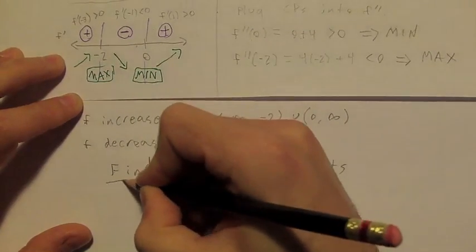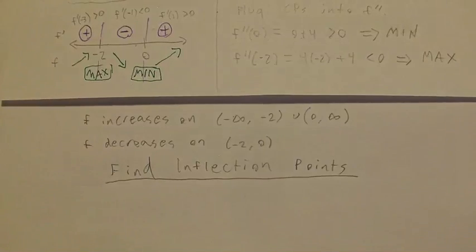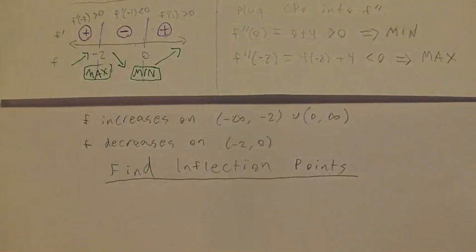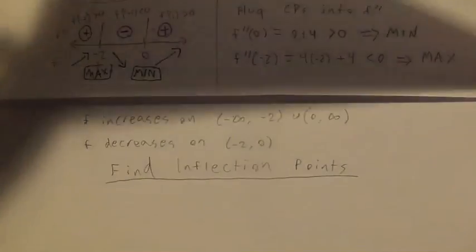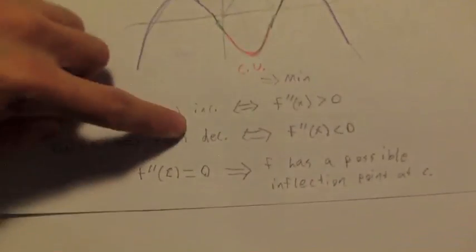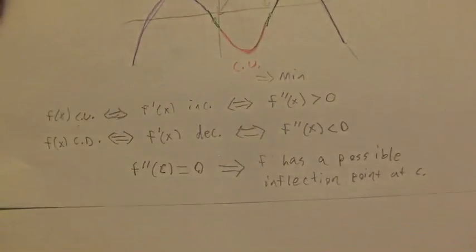And I'm going to let you all guess how we might actually find inflection points. Do you think we do it in a similar way as we find critical points? Right, we found that if f double prime of c is 0, then f has a possible inflection point.